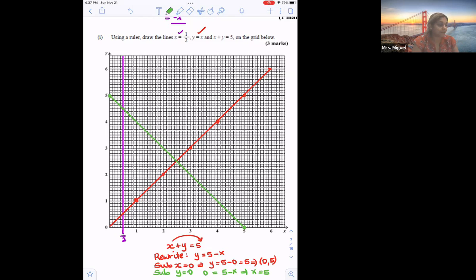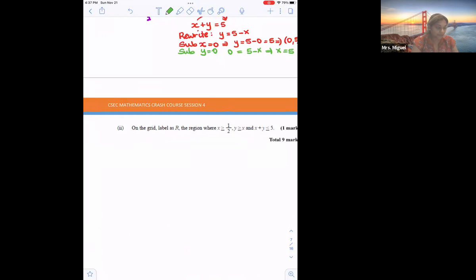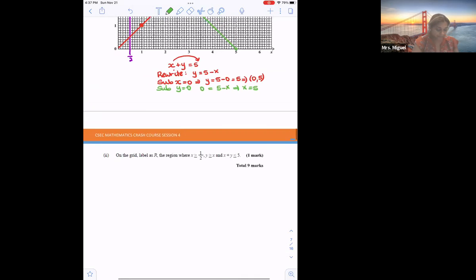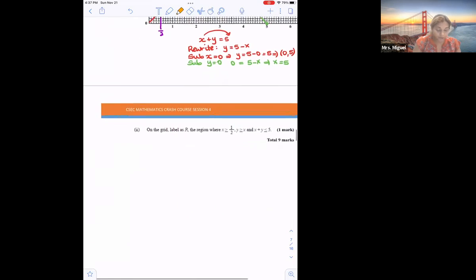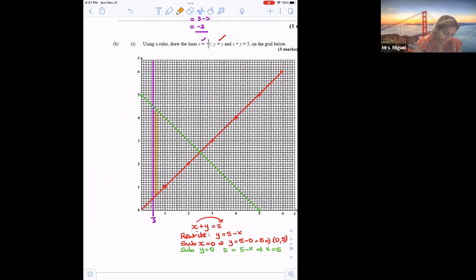That wasn't too bad. The question goes on to say, on the grid, label the region where x is greater than a half. So we want everything from this line onward, right? Then we want y greater than x. So y greater than x is this region here.